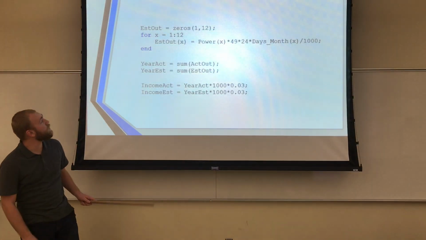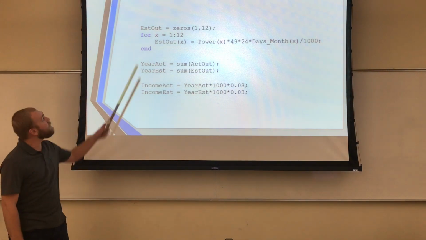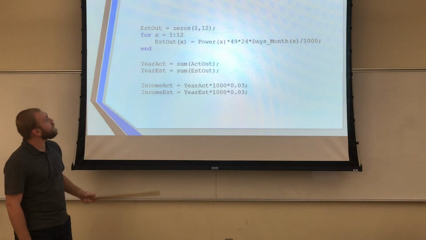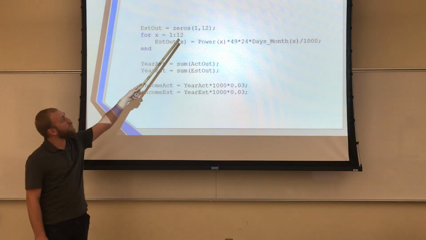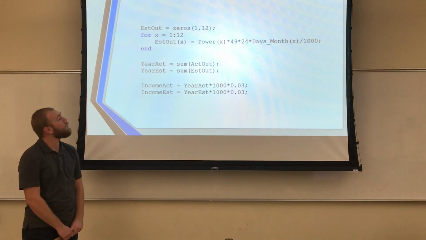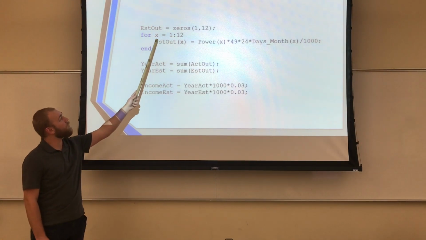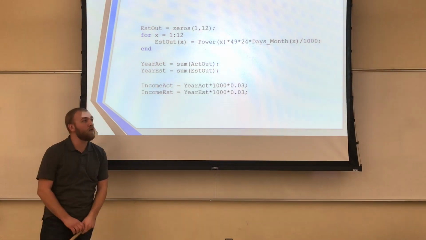And now, in the next part of the MATLAB code, we're calculating the estimated output of the wind turbines. For this, the estimated output is set to a row array, which is zeroed out. After that, a for loop goes through from x equals 1 to x equals 12.